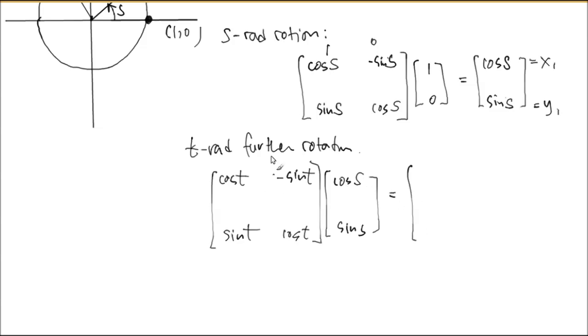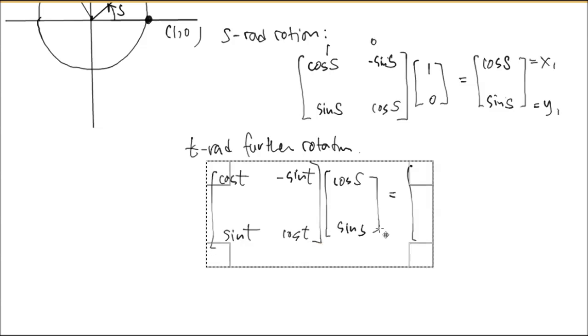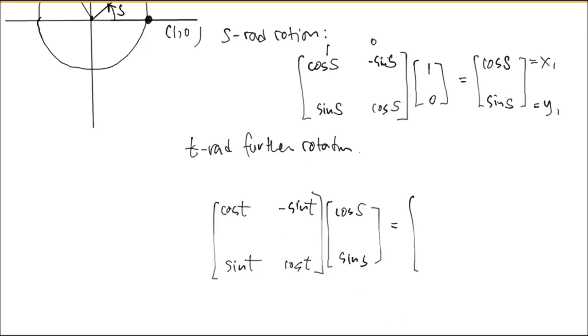So I'm going to put them down. You write cosine T up there. That's your intermediate x coordinate, and sine S there, right? Multiply down the column. Then what do you get? Cosine S times cosine T. And then add them together, and let's do that down here first. Sine T times cosine S. How about this one?